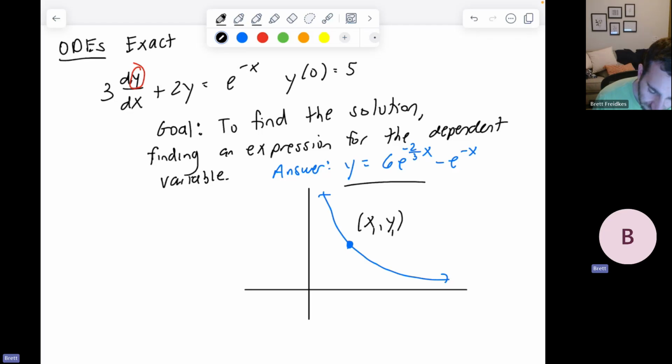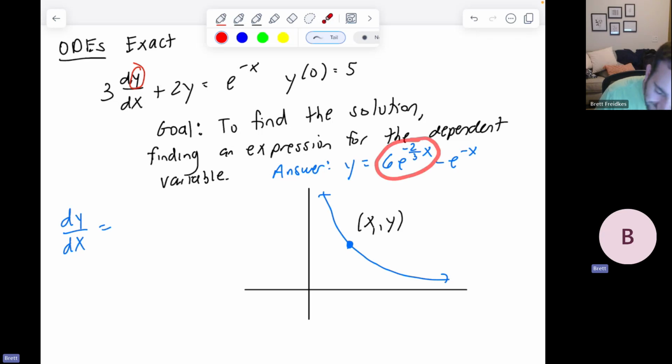So if I look at this y value and take the derivative of it, dy dx, let me write it over there. If we look at this first term, we take down the exponent, which is negative 2/3, and multiply that by 6. So that's going to be negative 12 over 3, which is negative 4 e to the negative 2/3 x.